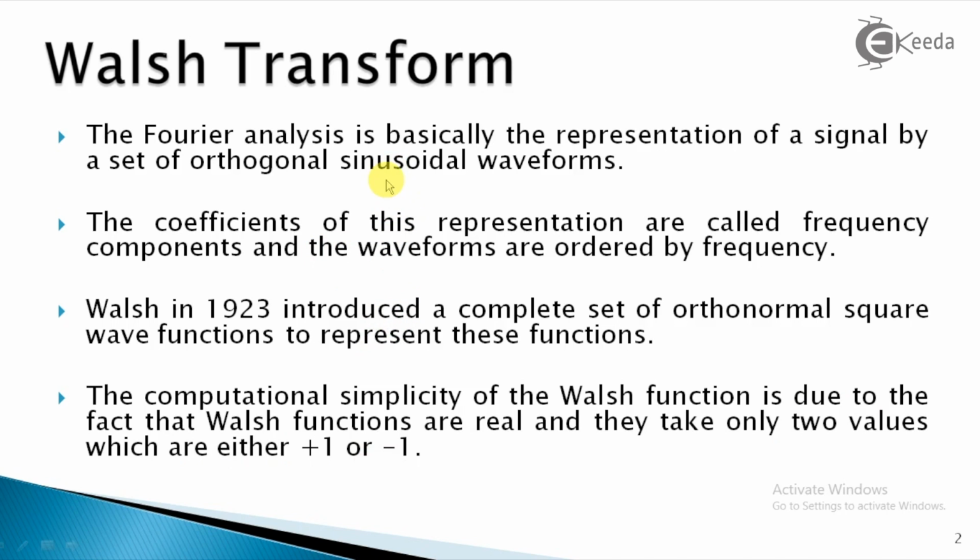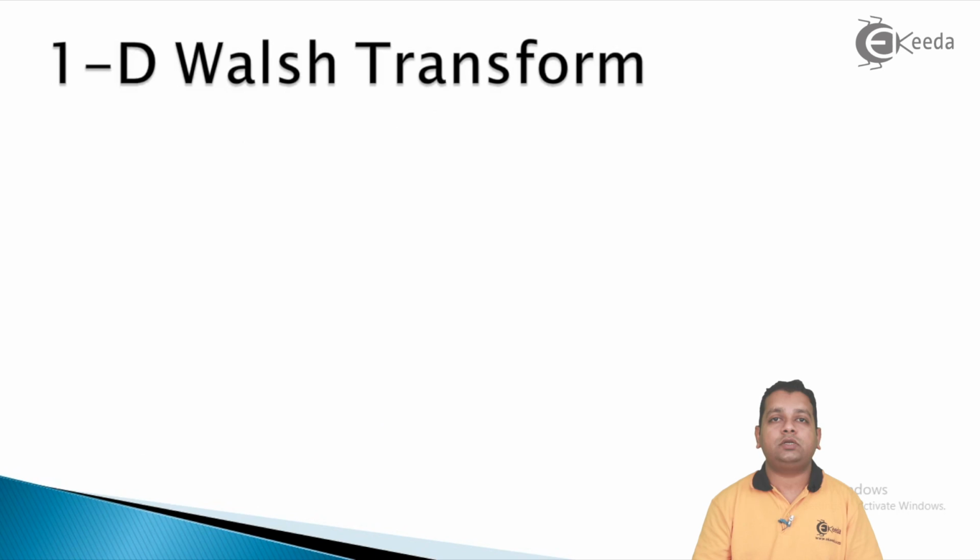In the Fourier transform we have complex coefficients, whereas in the Walsh transform we have real valued coefficients. Only two logic levels are taken, that is +1 or -1. That is why the Walsh transform provides some simplicity to work with images, or simply two-dimensional data. Next, we proceed further.